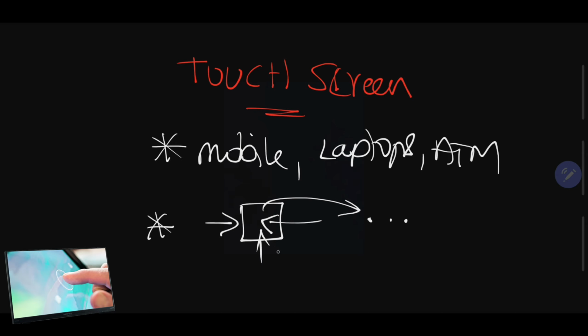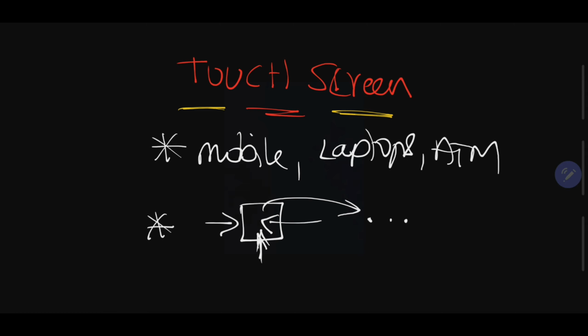So finger is one of the important recognition points of the touch screen. Nowadays most of the devices are using touch screens, like public information centers, ATMs, mobile phones, banking applications, everything comes under touch screens.